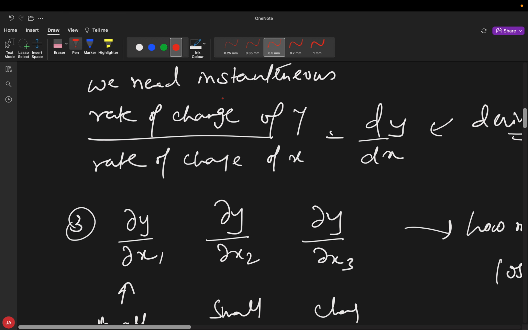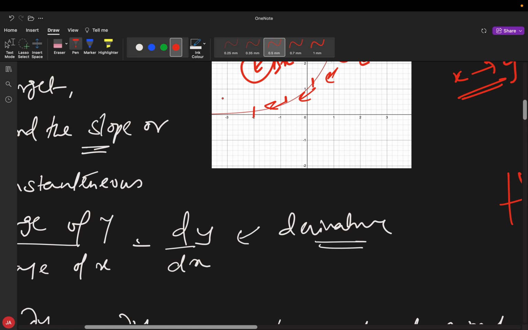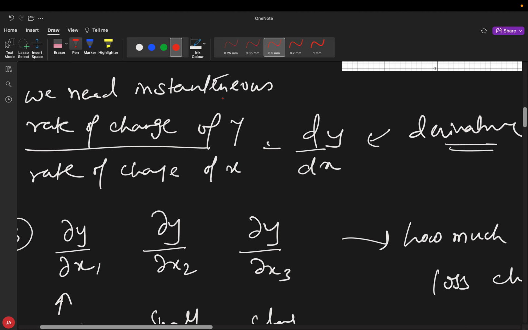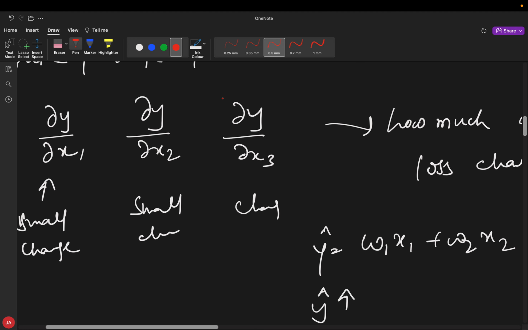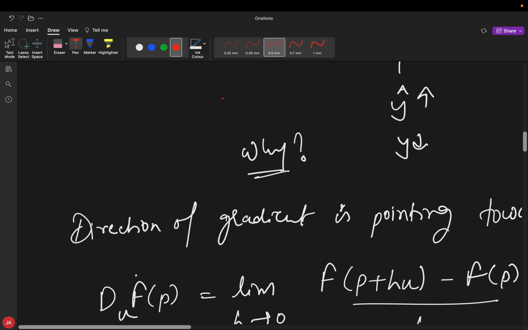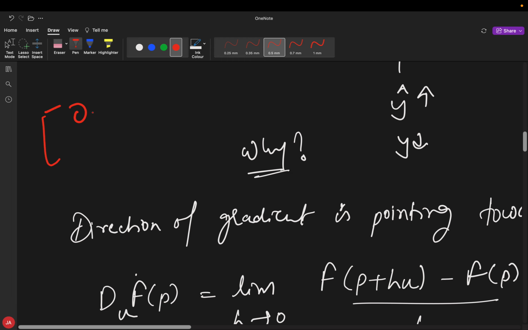So we need a derivative. We need to simply compute the derivative to find the instantaneous rate of change. For multiple variables we need to compute the partial derivatives, and the vector of partial derivatives becomes my gradient: derivative of loss with respect to w1, with respect to w2, with respect to w3, and the list goes on.